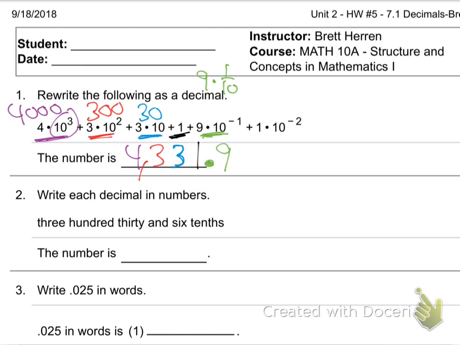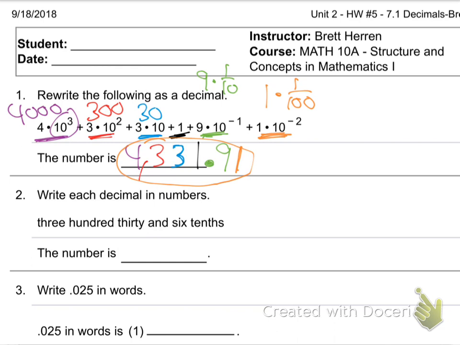And lastly, 1 times 10 to the minus 2, that's 1 over 100, right? 2 zeros in the bottom, that's what the negative 2 power does. So that's a 1 there. It's like a rainbow number. 4,331.91. That's the decimal. You don't have to do all that stuff, but all you have to do is write this however you get there. We good? 4,331.91?